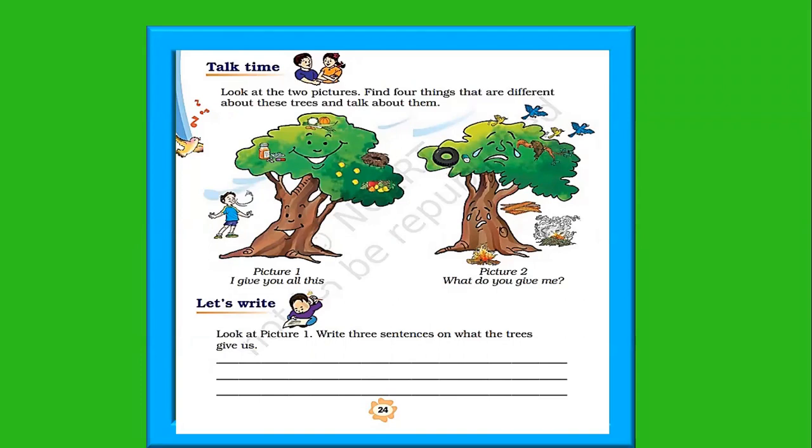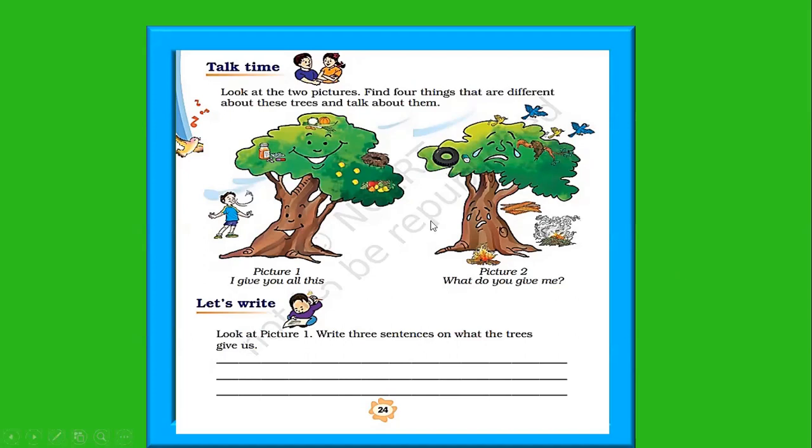Trees also give us fruits and vegetables, and even flowers. The second picture portrays how humans cut down trees for fuel and to make furniture and houses. The barks of some trees are tapped to make rubber products. So humans have entirely looted trees despite all the invaluable gifts the trees have offered them.